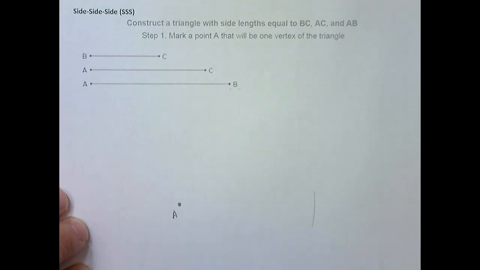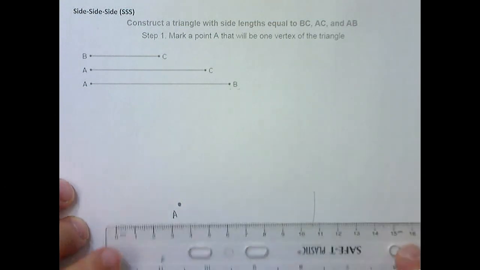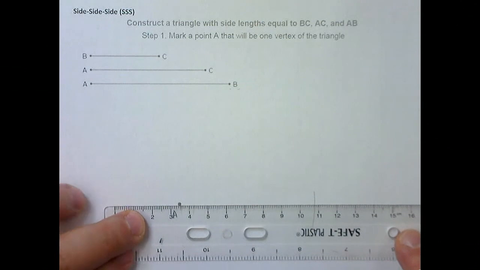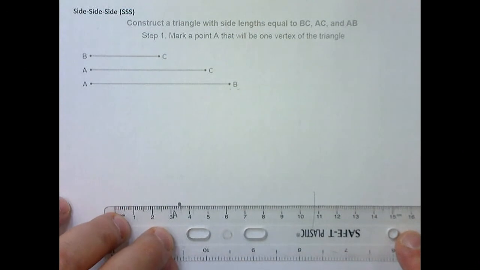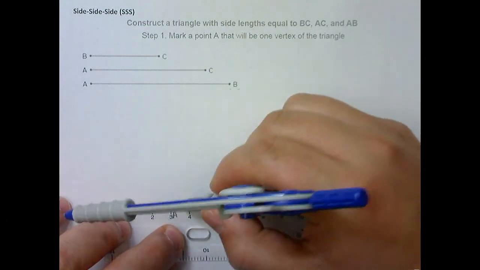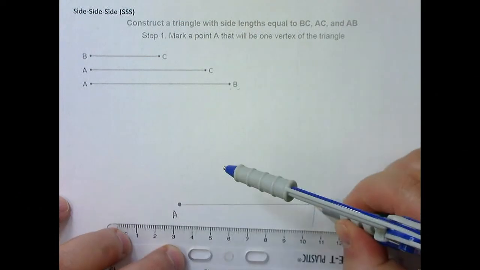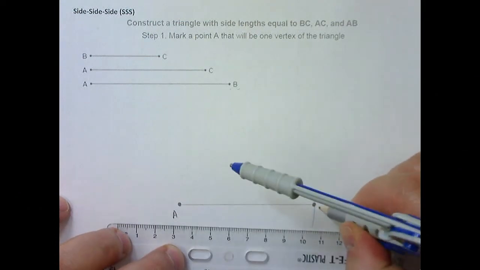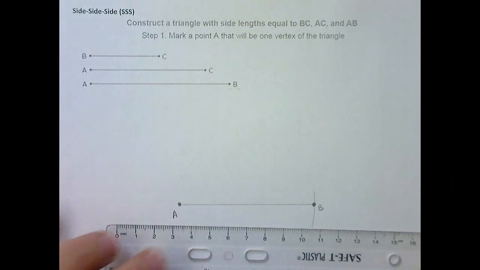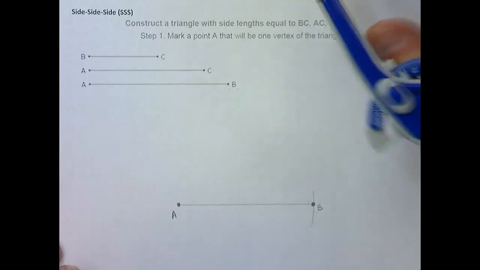And then somewhere on that is going to be your point B. So it really doesn't matter where. So you just take your straight edge, line it up, and draw a line. And that right there is vertex B now. Okay? So we have the first segment done.